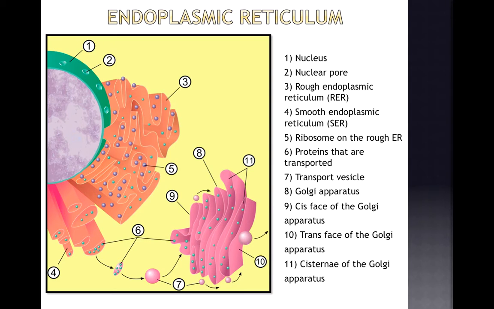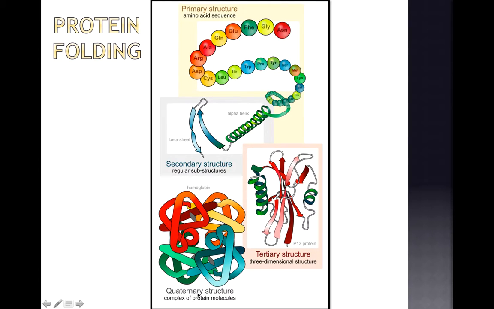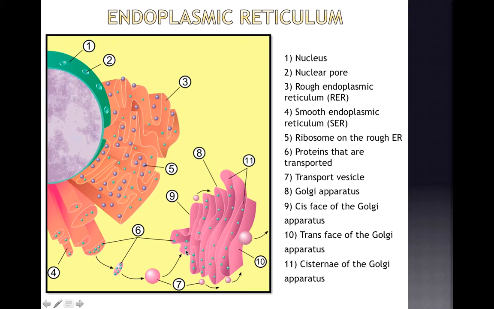All the tertiary and quaternary structure of proteins, my understanding is that most of that happens inside the endoplasmic reticulum. As the protein moves inside the endoplasmic reticulum, it attaches itself to other proteins, it is changed, it's refolded and everything in order to form its proper shape.